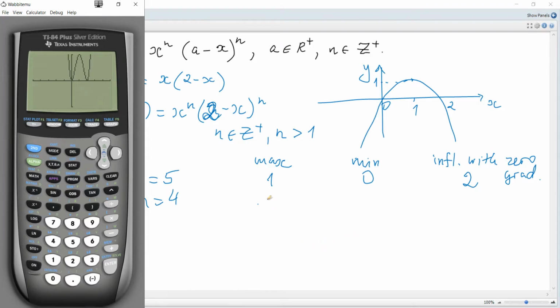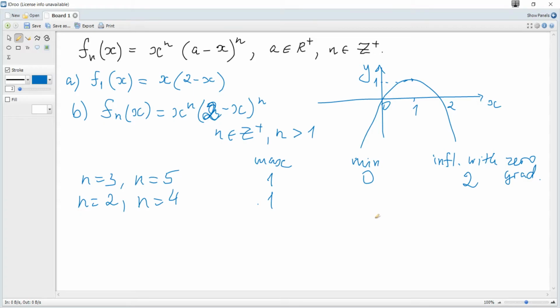So it's 1 maximum, 2 minimum, and 0 points of inflection. You may check for n is 4, and it will be the same.